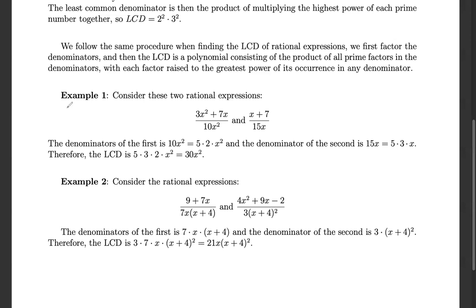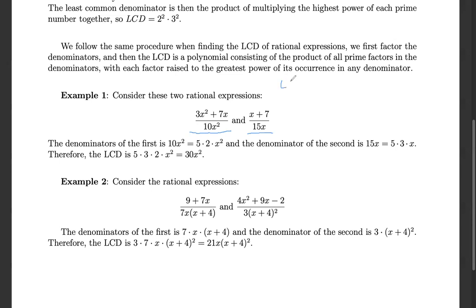In this example, we have 2 rational expressions. The first one, the numerator is a quadratic or polynomial degree 2. The denominator is also polynomial degree 2. And the second one, the numerator is linear, polynomial degree 1. The denominator is also polynomial degree 1. So we need to find the least common denominator of those two.